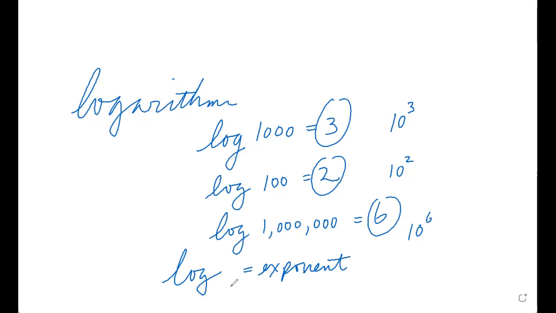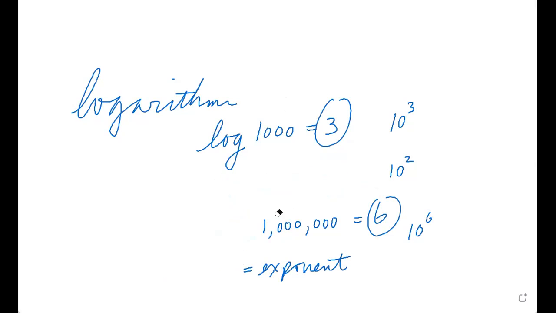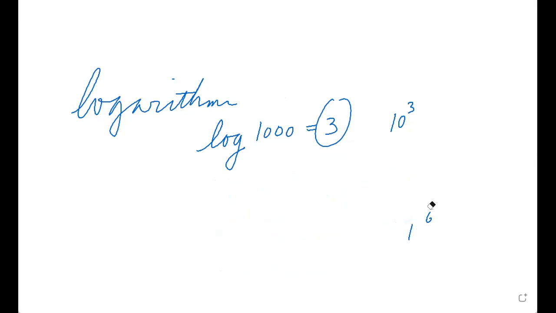Now let us look at a couple examples. Let me erase this. Now, log of 10,000 is going to be 4.